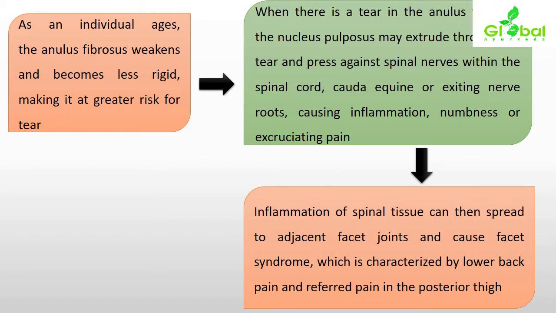Inflammation of spinal tissue can then spread to adjacent facet joints and cause facet syndrome, which is characterized by lower back pain and referred pain in the posterior thigh region. Because of the inflammation of the spinal nerve roots, it spreads to adjacent facet joints, thereby causing facet syndrome.